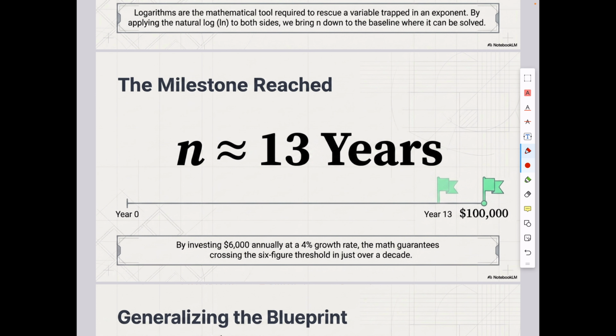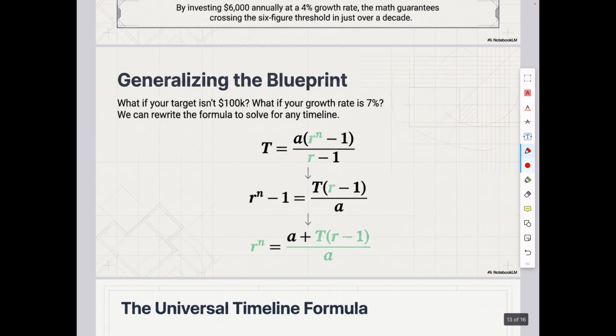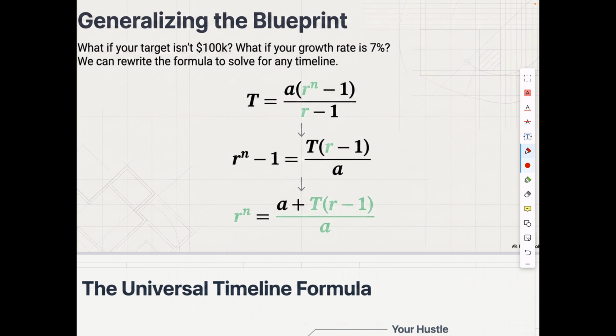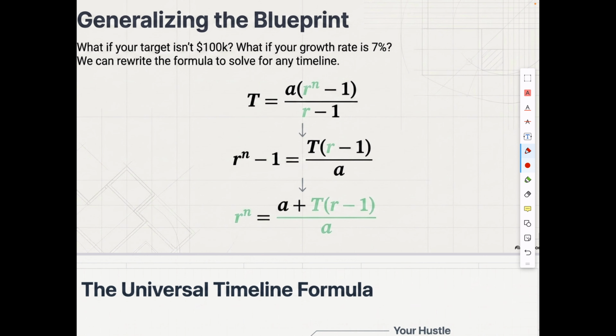100k in 13 years. So what if my target isn't 100k, or what if my growth rate is actually higher? You actually found something that gives you a better rate, right? So I can also, same as the AP, come up with something that helps me to generalize this formula, right?